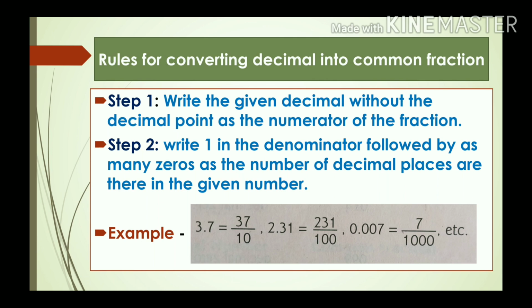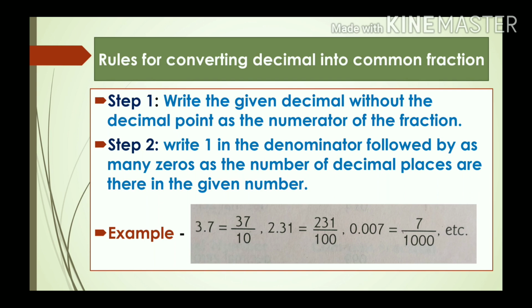So here you can see in this example 3.7, we have first written it without the decimal point, which is 37, and in the denominator we have written 1 in place of the decimal point, and after the decimal point there is only one digit, so we have to put only one 0. So for this decimal 3.7, the fraction is 37 upon 10.